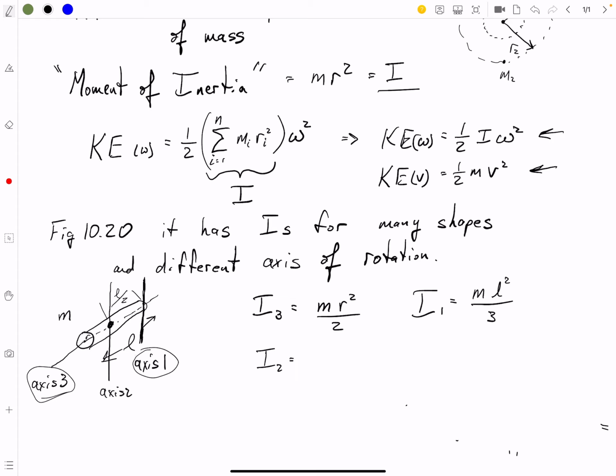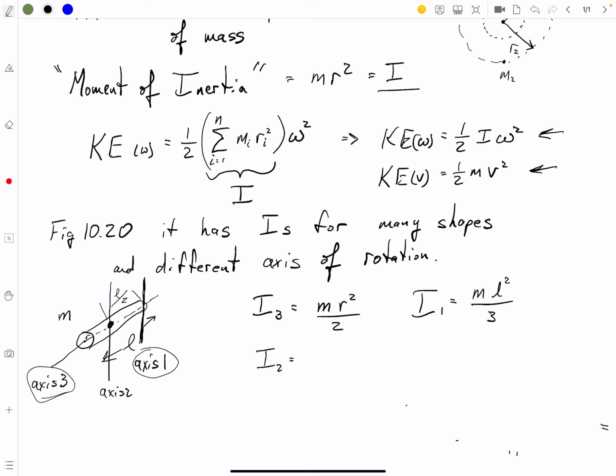And axis 2, which one is that? Well, we're not dealing with a thin rod. We're dealing with a disc. So we're going to go to the right column and go down 1. And that's our solid cylinder or disc about a central diameter. And we're going to write down what our moment of inertia is.